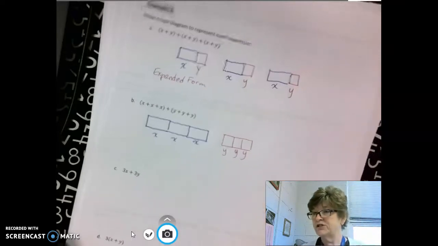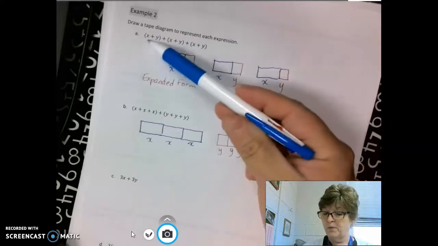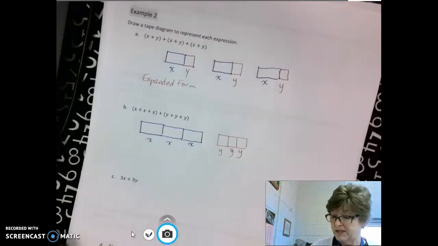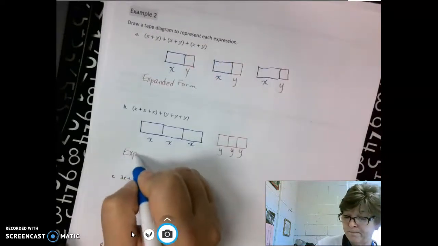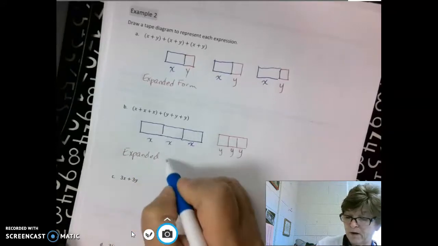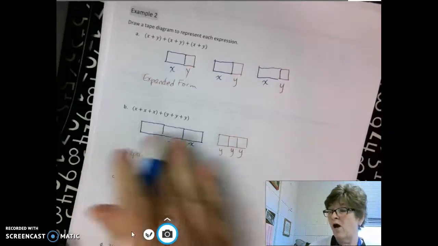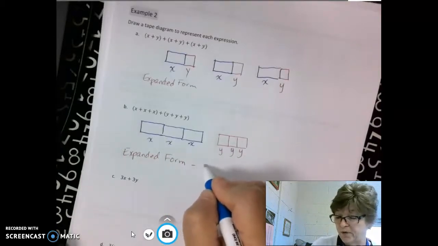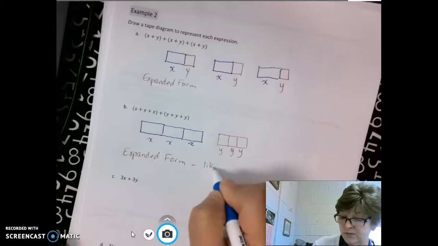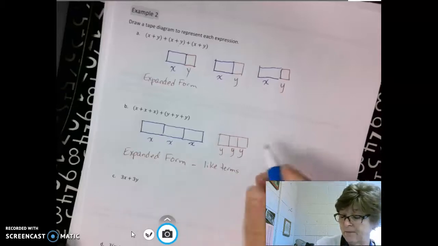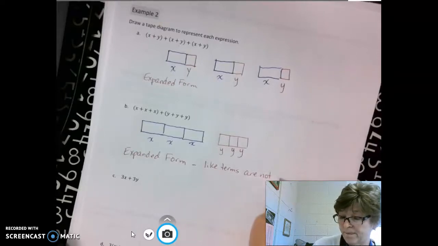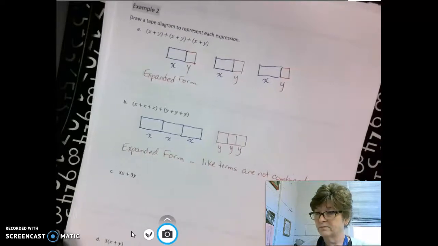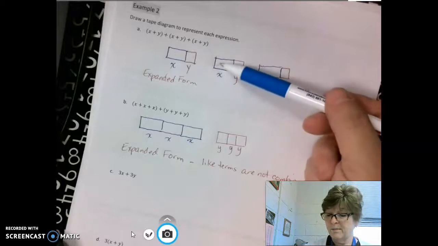Do you see a relationship or any kind of connection to the problem up above? This one is also an expanded form because, again, I'm seeing all the individual x's and all the individual y's. So the like terms are not combined. Hopefully you're seeing my three x's.